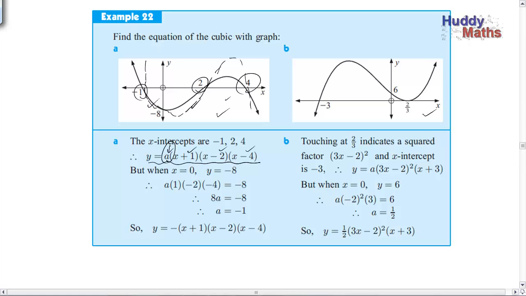So let's see if that's the idea of A. So here, but we've got to pick up the idea that this goes through -8. So therefore, when x is 0, sub in 0 in these spots, and you must get -8. So A is -1 here. Okay, so that's the idea here. So depending upon what the y-intercept is, that locates the graph.